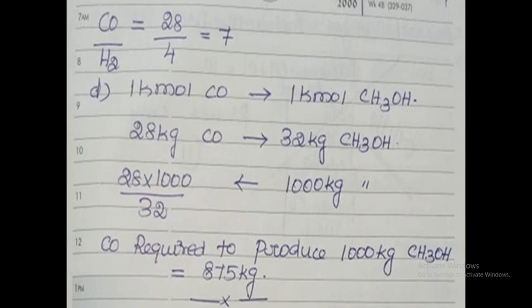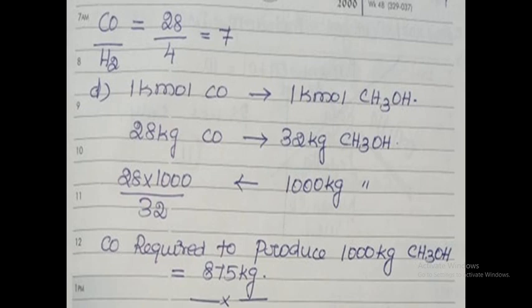What do you do here? 1 kilomole of CO is converted into kg. So what is the conversion from kilomole to kg? Multiply by molecular weight. 1 into 28, that is equal to 28 kg of CO. So this produces 1 kilomole of methanol, 1 into 32. Why? Because 32 is the molecular weight, 32 kg of methanol.